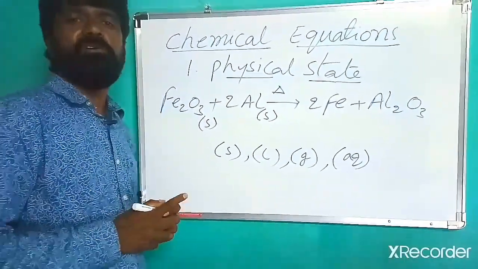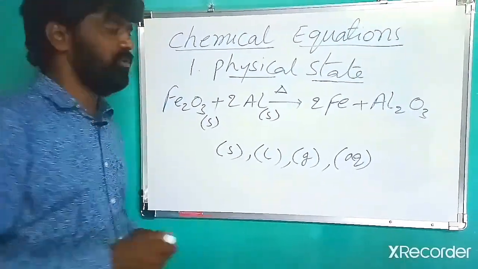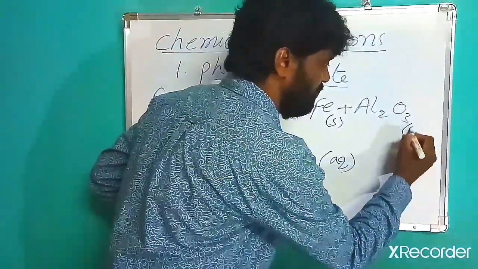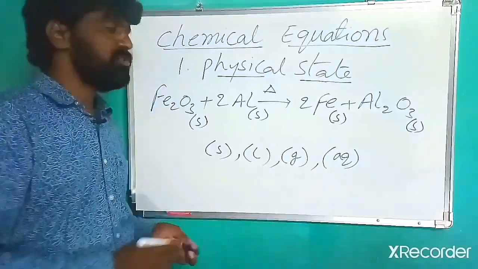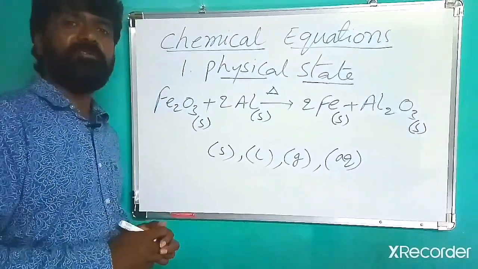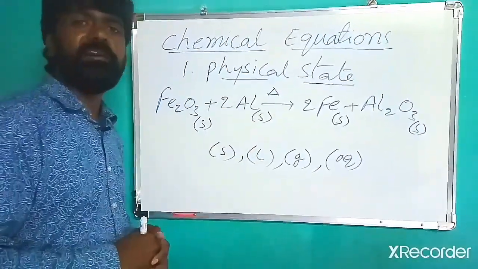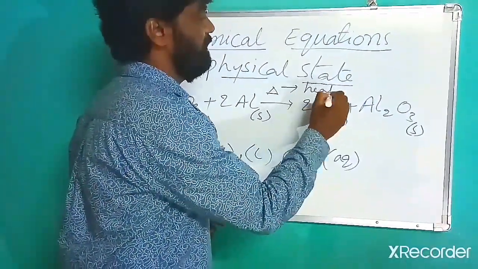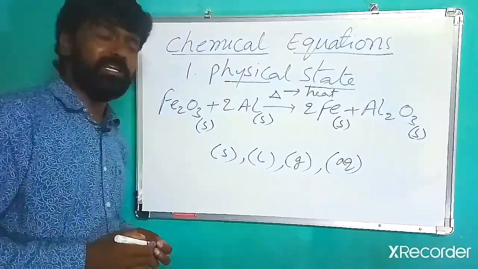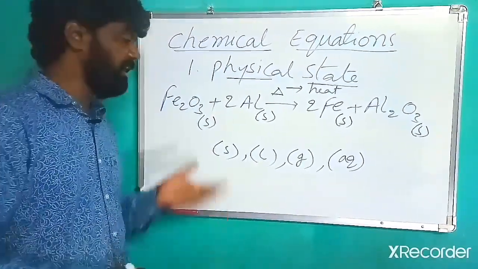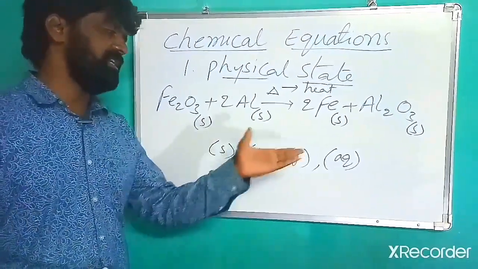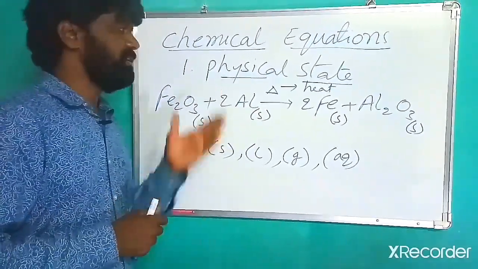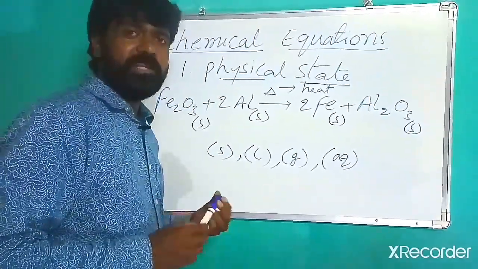These products are also solids, so I represent them with S. One more thing is left here. What is that? This one, delta. It means heat. Here we are using heat for this reaction. Like this, S, L, G and aq represent the physical state in an equation.